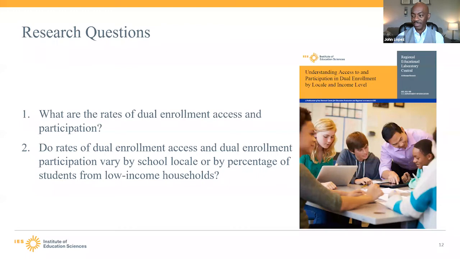So a broad data set. To focus a little bit for our purposes, we did not include juvenile justice facilities, special ed schools, vocational technical education schools, or alternative education schools in our data set for the study.